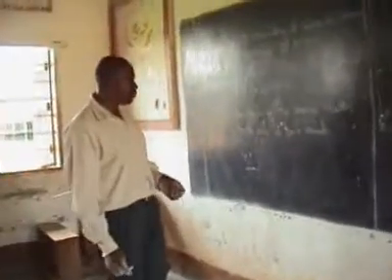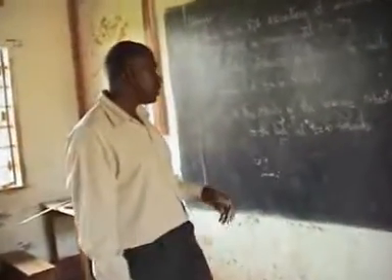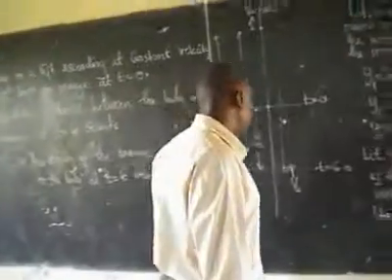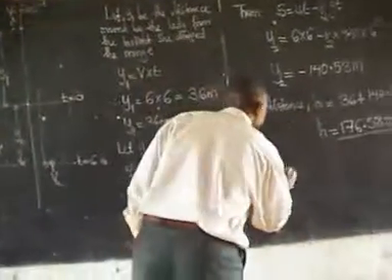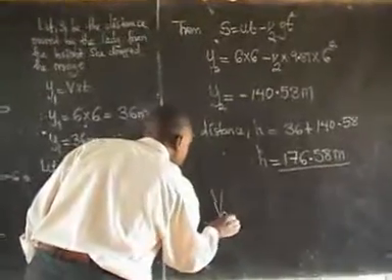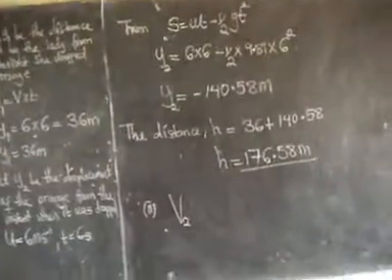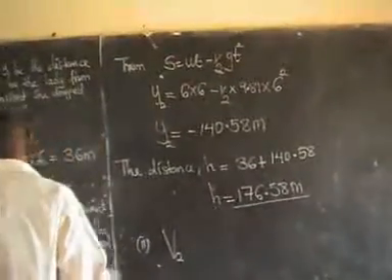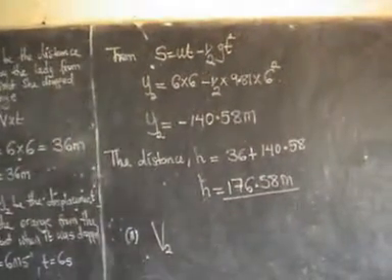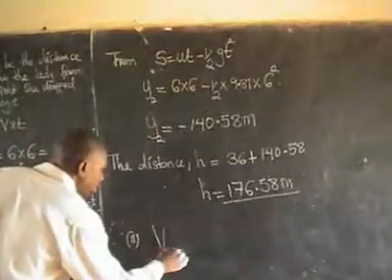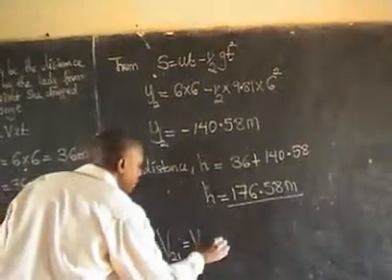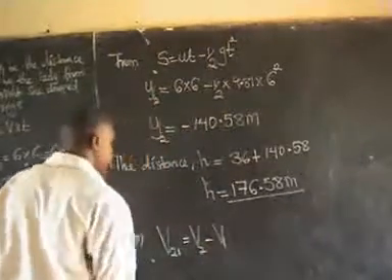Now the range relative to the lady at t equals 60 seconds. The velocity of the orange, that is v2, relative to the lady. So if this is v1, it will be v2 minus v1.